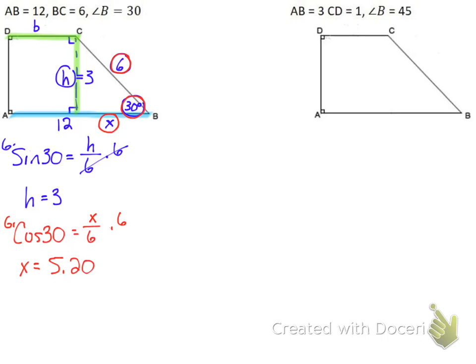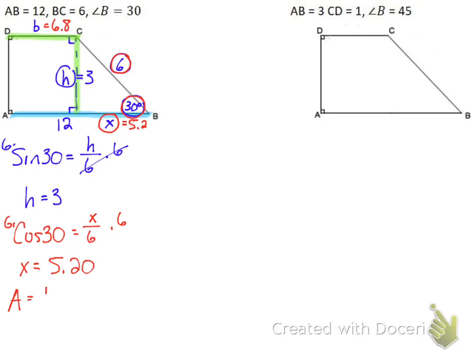And so again, if X is 5.2, then I would know, just by doing math, doing 12 minus 5.2, I would get 6.8 for my top base. And so what I can do is, again, plug those in.